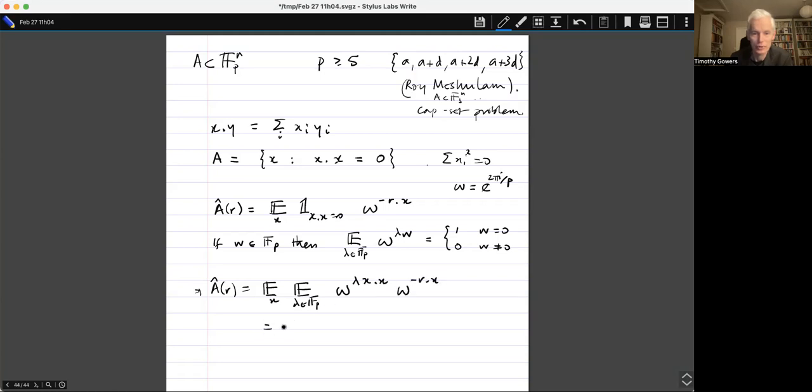This is a little trick to make things look nice and clean. So we can clean that up a little bit. I'll interchange these expectations, and I won't bother writing in F_p. We just hope you remember that lambda belongs to F_p, whereas x belongs to F_p to the n: the average over lambda, average over x of omega to the lambda x dot x minus r dot x.